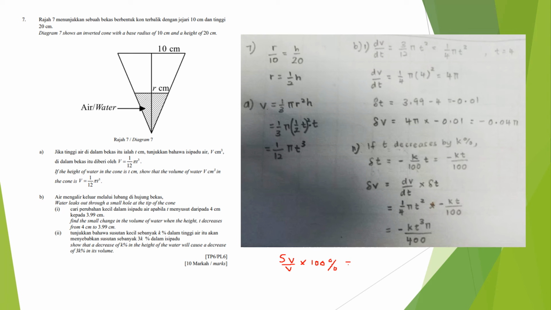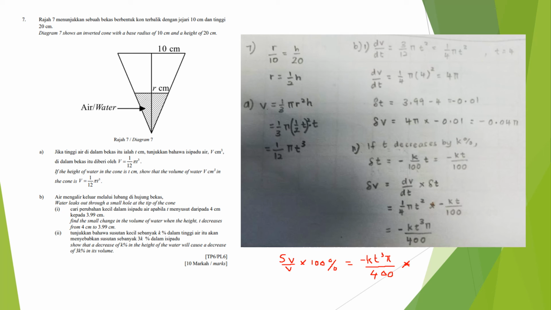So our delta V is negative kt cube pi over 400, times over V. Divide by V, so I change it to multiply, because it's a fraction. I want to change it to multiply over V.